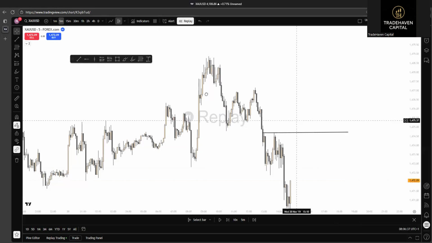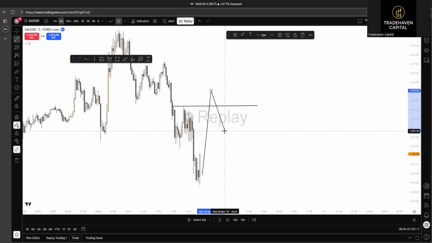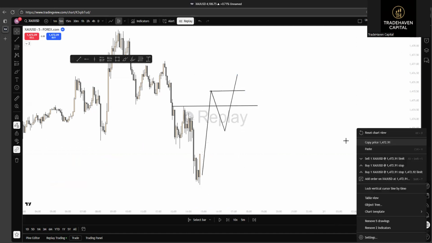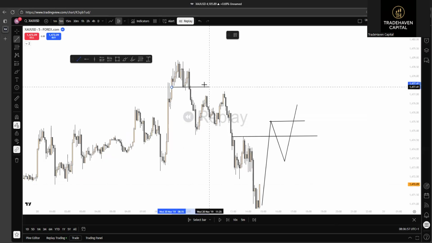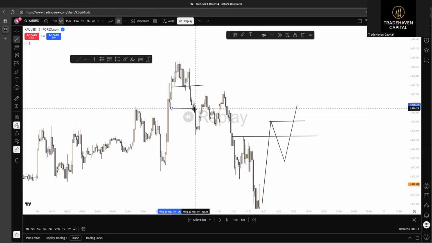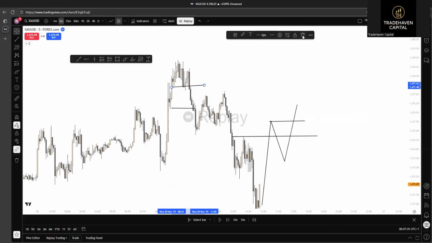So I would want price to do something like this, and if it can break this first break and this second break, then I agree that the structure has broken. So in this case, double break here and here, structure has broken, and all of those.